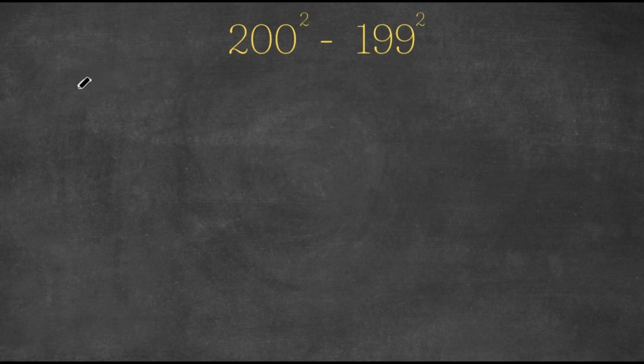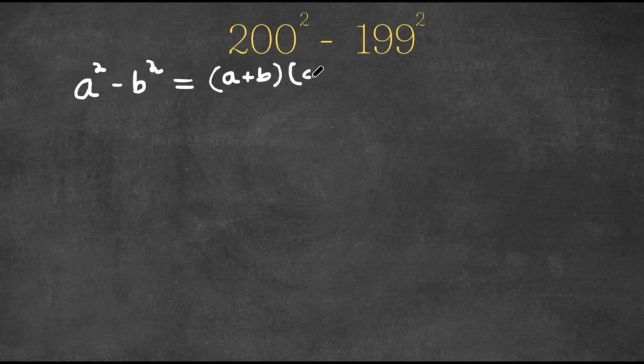So if you recall, a squared minus b squared, this is an important expression in algebra, and this is actually equal to a plus b times a minus b.